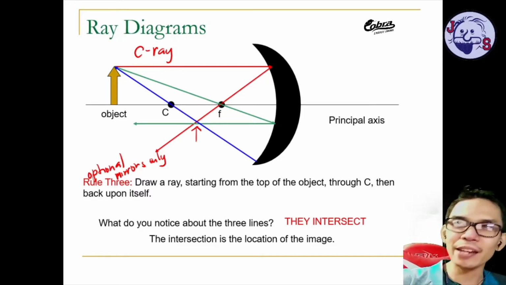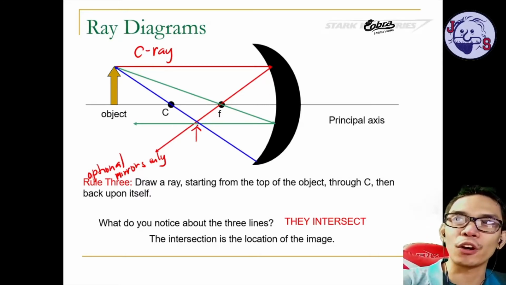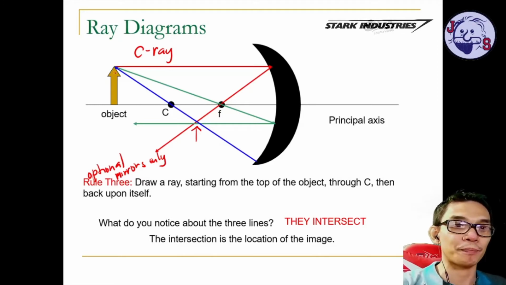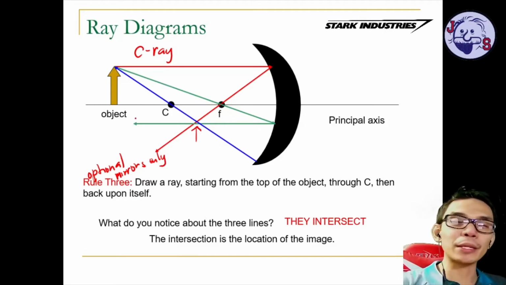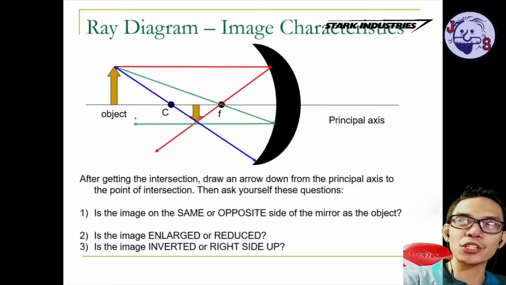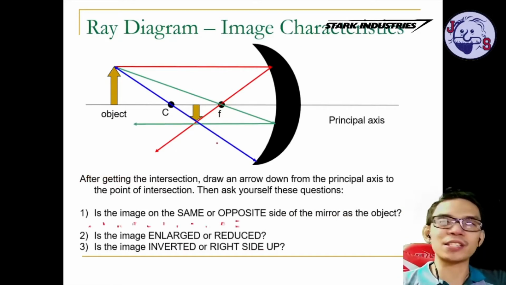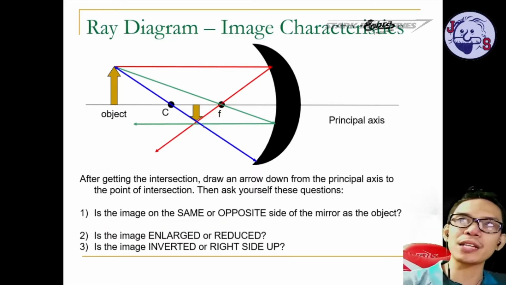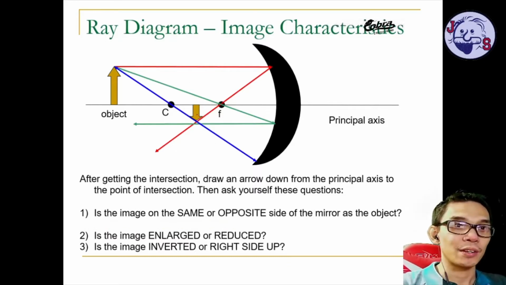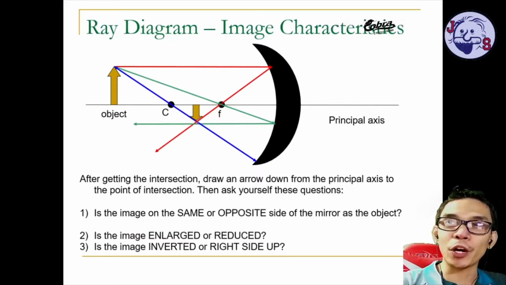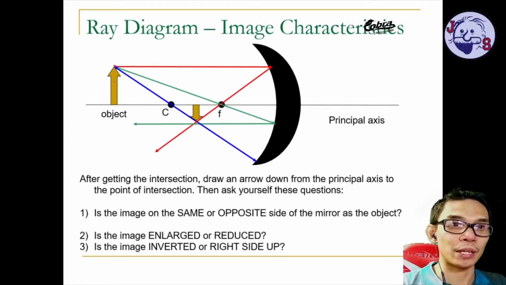The intersected lines are all coming from the top of the object. So if we draw the image, it looks like this. This is now your image, the top of the object, similar to the top of the original object right here.